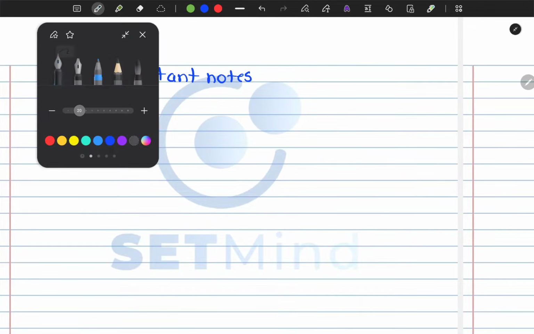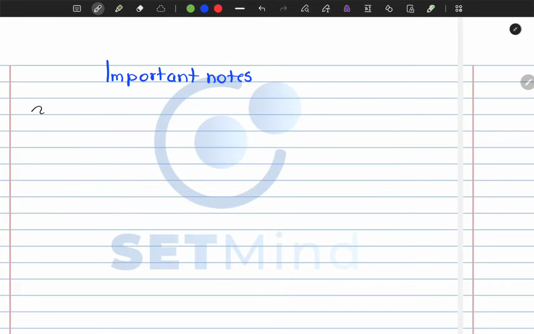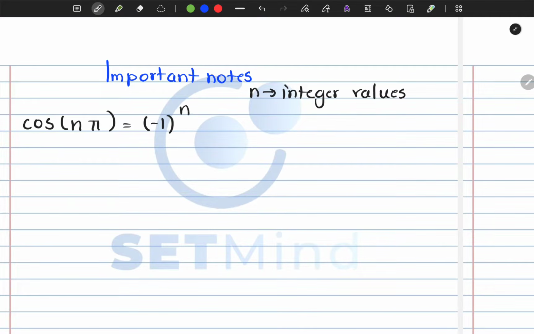The first note that I need you to be aware of, and this goes back to what you might have done when you were doing algebra earlier, is that cos of n pi, where we'll consider n to have integer values, is the same as -1 to the power of n. If you plot the cos graph, you will see that it behaves exactly this way.